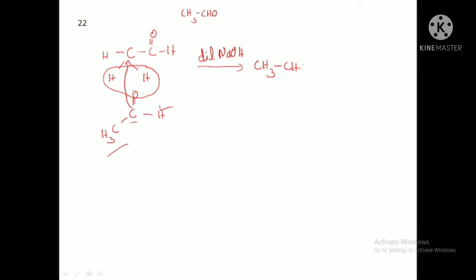So this carbon will form a double bond with the other carbon atom. That carbon atom also contains one hydrogen and CHO. This carbon atom attaches to CHO. So this will be a single step method for writing the aldol condensation reaction. You can write this even for ketones, in the same method.